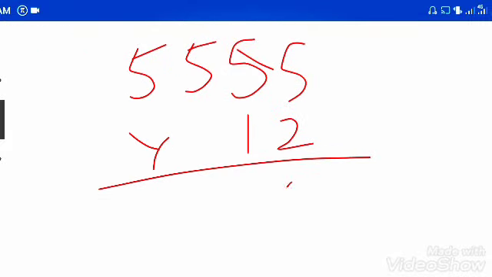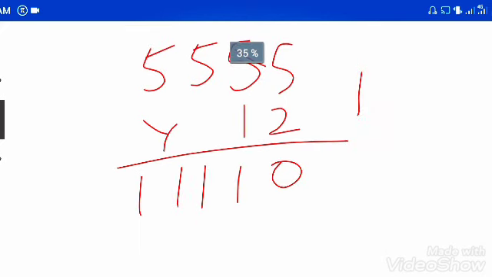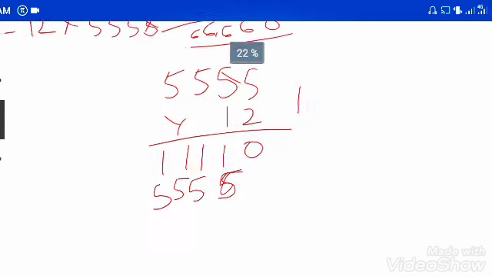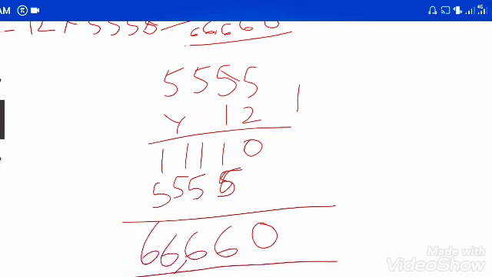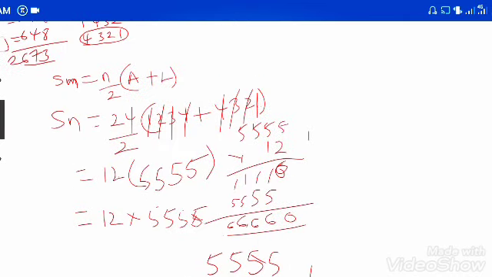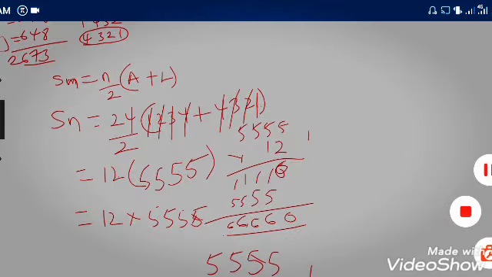We write 0, keep 1. 2 times 5 is 10 plus 1, 11, write 1, keep 1, and 11. 1 times 5, that's 5, that's 5, that's 5, and that's 5. Now when you add everything up, you're going to be getting 0. This is 6, 6, 6, 6. So we're going to have 66,600.